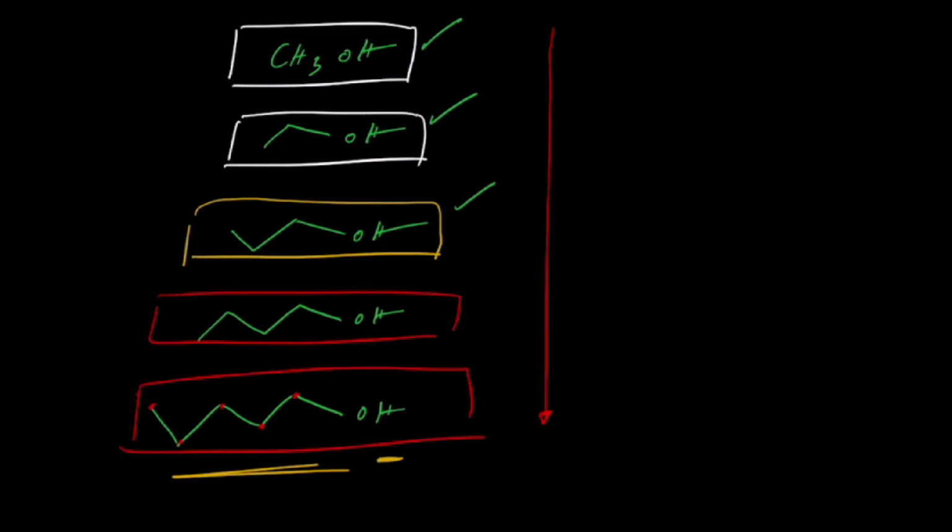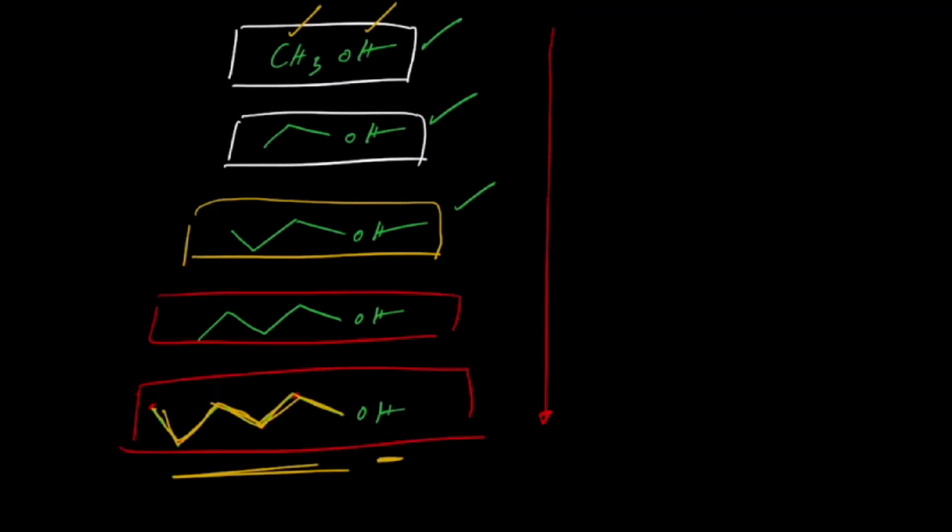So when the non-polar part was smaller, this hydrogen bond was managing the solubility of this molecule in water. When the length of that non-polar part is increasing, the OH is not capable of dissolving that alcohol anymore.